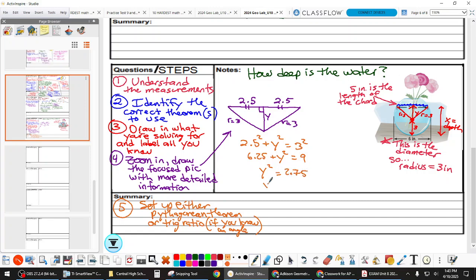And then will you square root that? Seven? No, square root of 2.75. Just plain 1.6?